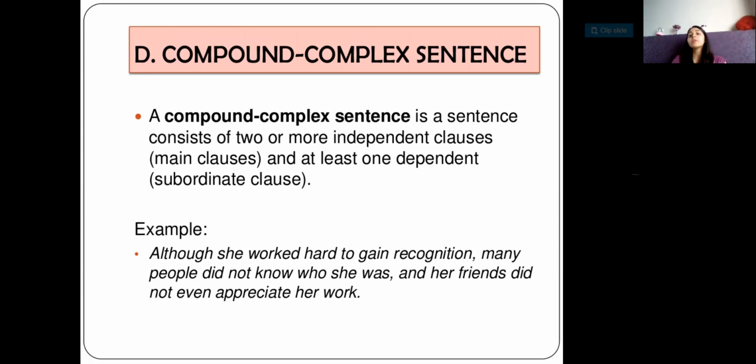So you saw first the dependent clause is given, she worked very hard to gain recognition. Then a main one is given, nobody even recognized her. Then one more sentence is added and is compounding it together. Her friends also did not appreciate her. So it's making a big sentence with two or more sentences coming together.